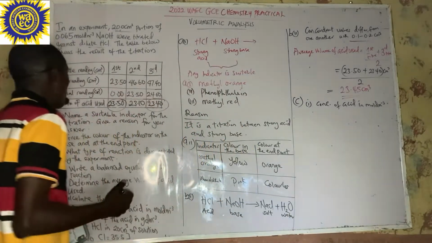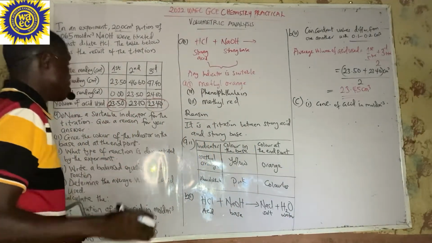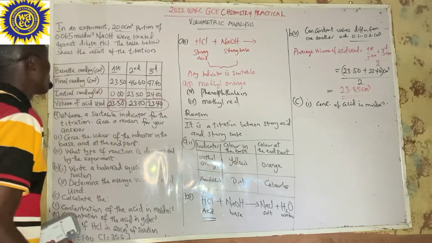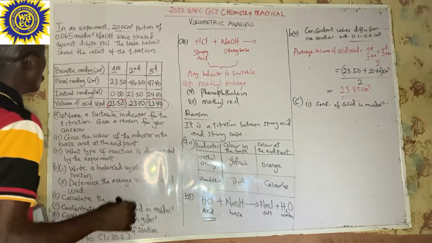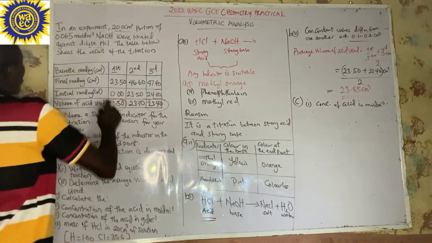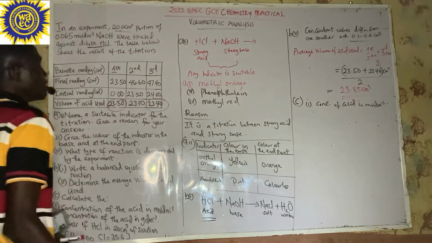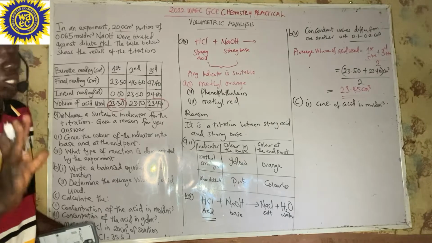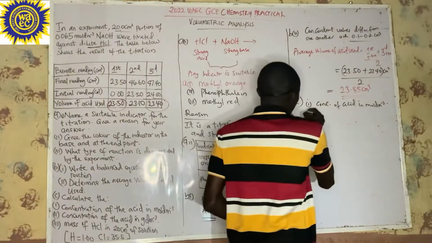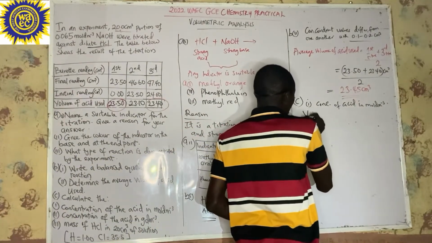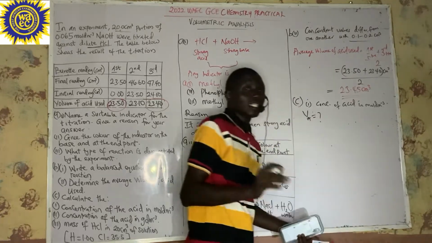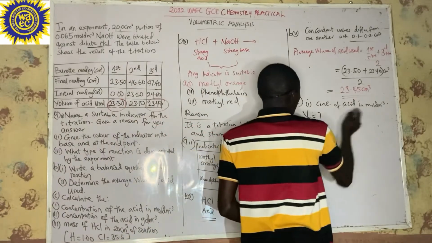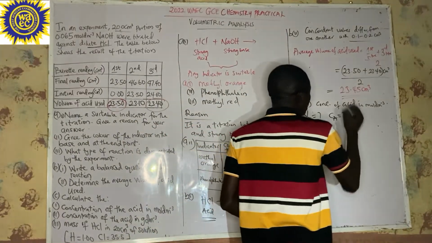Now, how do you go about calculating the concentration of acid in mole per dm cube? The first thing is to identify your acid, which is HCl. Look at this. There is nothing given to us about the acid except the average volume of acid used, which is VA, the only parameter given for A. We have to calculate the concentration of A in mole per dm cube, which is CA.